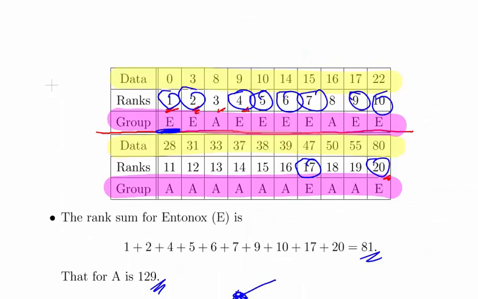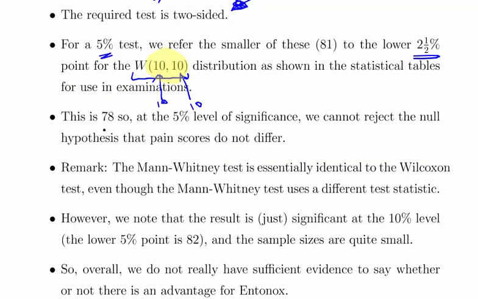So the test statistic we're looking at is essentially 78. At a 5% level, we cannot reject the null hypothesis that the scores do not differ. Just a quick remark about the Mann-Whitney, I think I covered that point already.